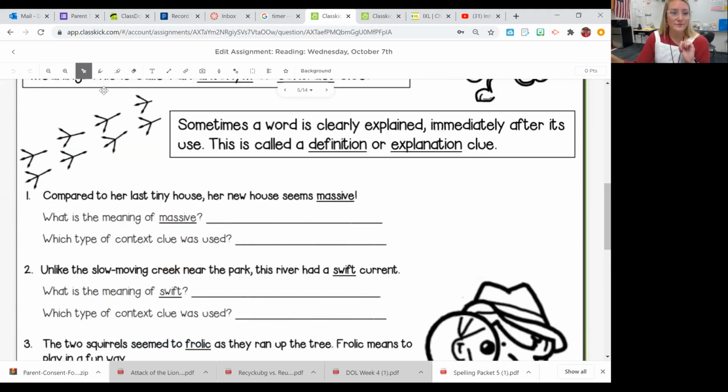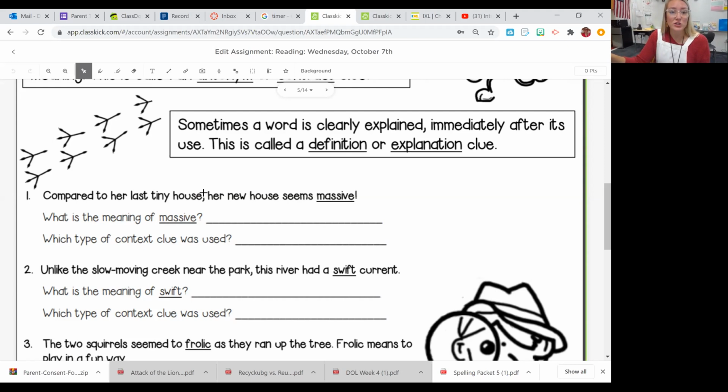Let's do number one. Compared to her last tiny house, her new house seems blank. So it's comparing how her tiny house used to be. Her new house is very different than her tiny house. So that is the opposite, right? It's talking about the opposite.